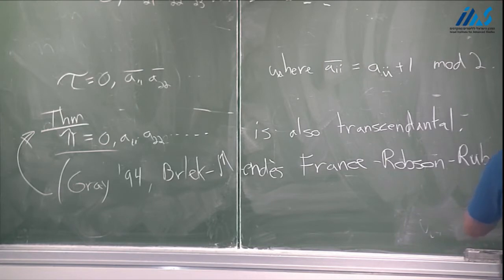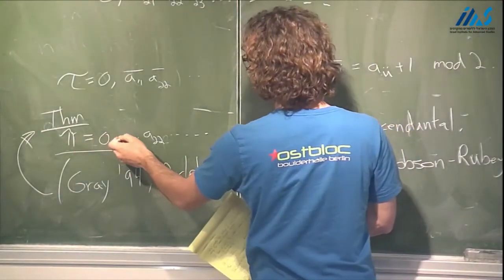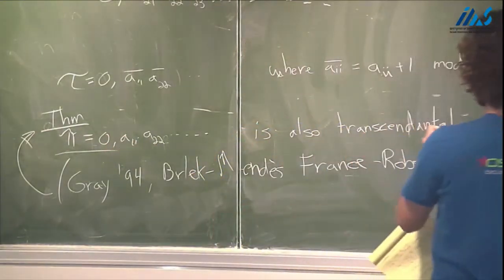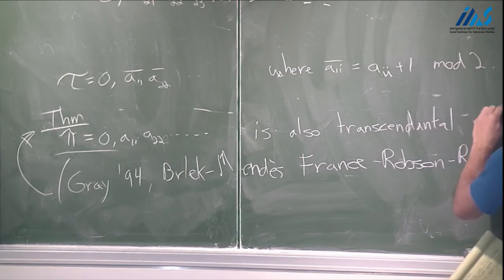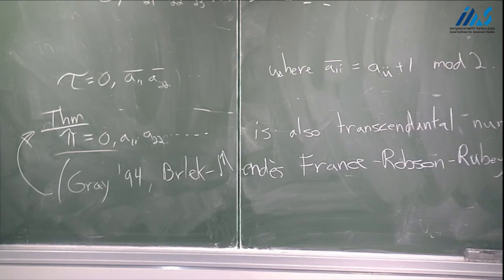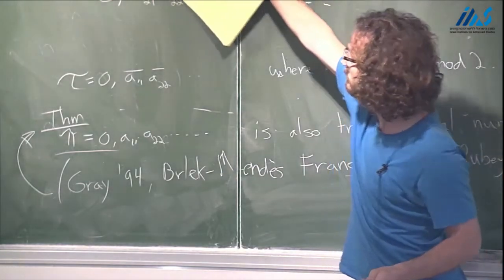Could you spell out the theorem? Pi equals 0 dot the diagonal is also a transcendental number, of this tableau, basically. What is this tableau?